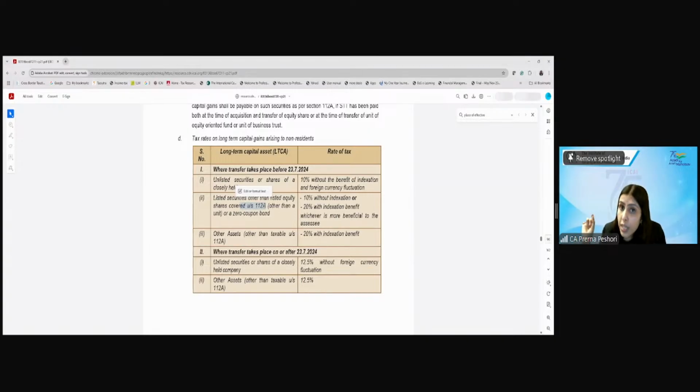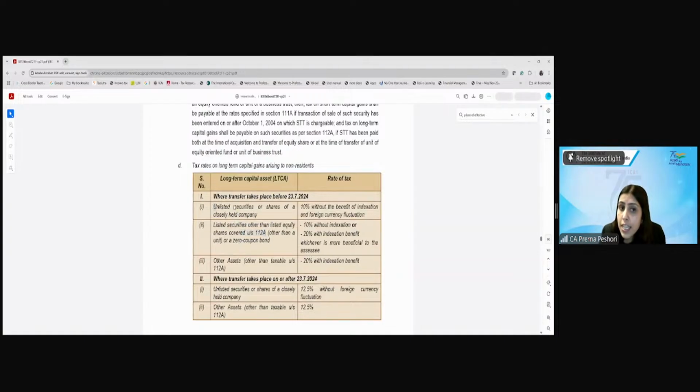Because 112A doesn't give you benefit of the first or the second proviso. So, if you transfer through the recognized stock exchange, the STT will be applicable, and 112A says you can't claim indexation or the foreign exchange fluctuation benefit. So, in the second case, you will not be able to get the benefit of the first proviso.